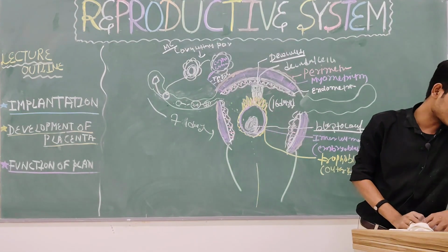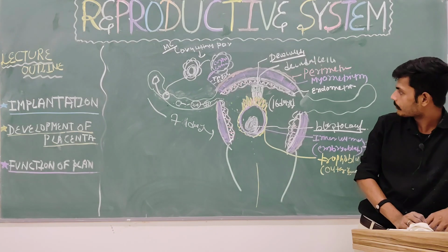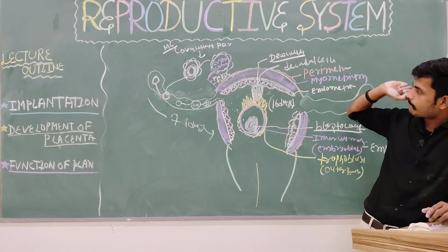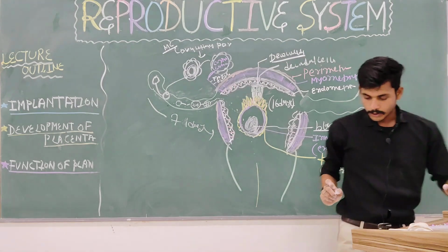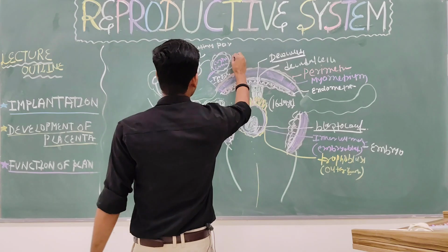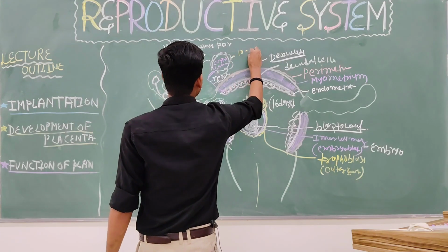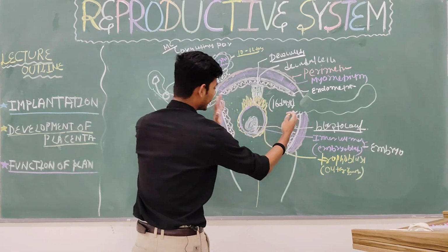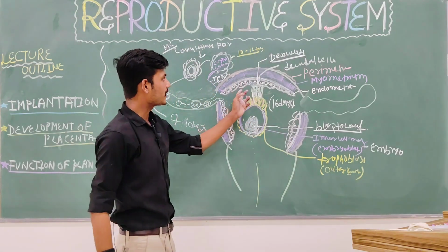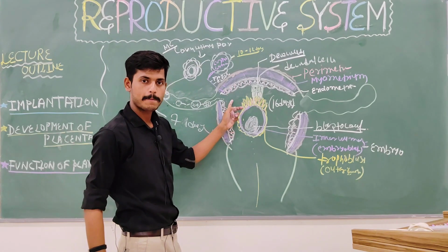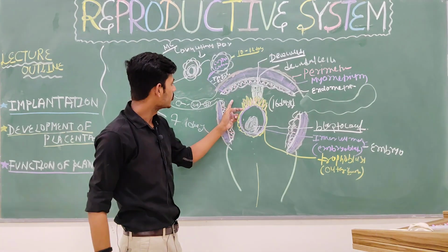Fine, that is referred to as the decidual area. Now you know that the normal lifespan of the corpus luteum is about 10 to 12 days, and you know this thickened endometrium depends upon the supply of progesterone and estrogen, isn't it?